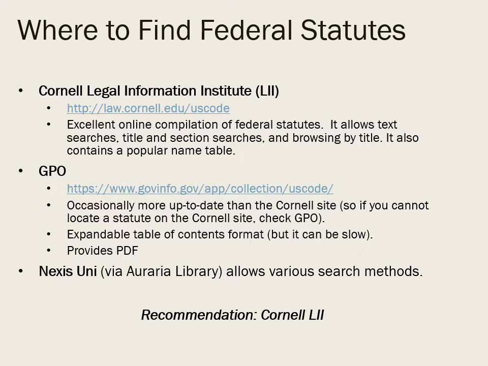So you might know the popular name of a law, but you might not know its official name or its location within the US Code. So the popular name table will get you to where you need to go. For instance, you'll be able to look up Clean Water Act. You will learn that it is actually named the Federal Water Pollution Control Act, and then you'll get a link to its location within the US Code.